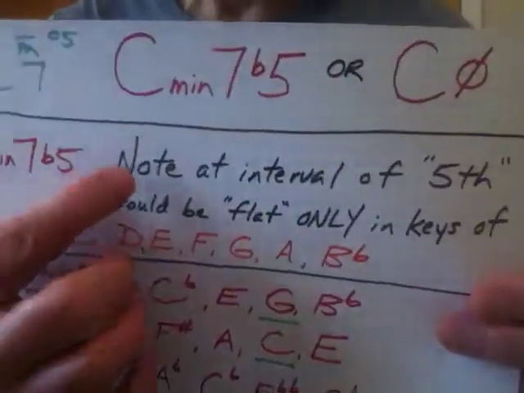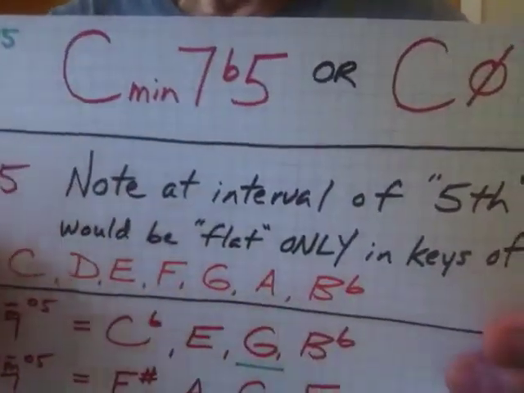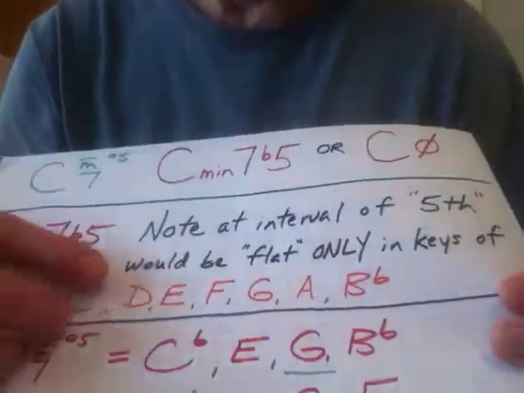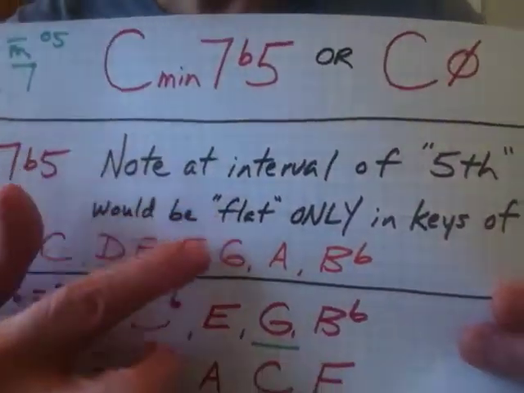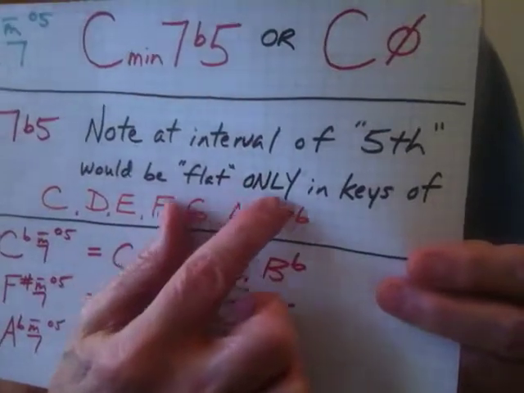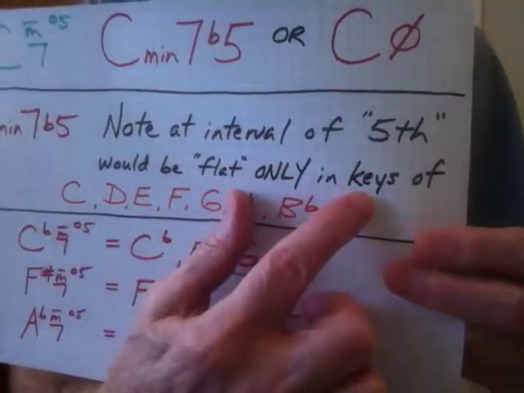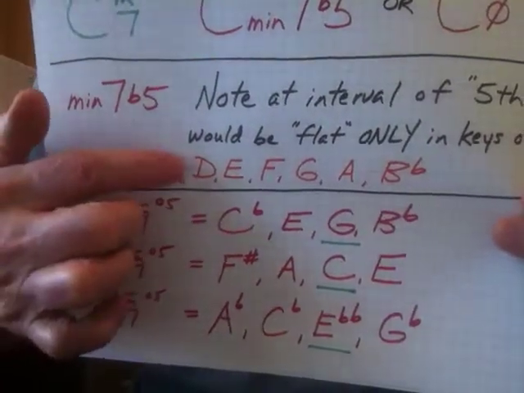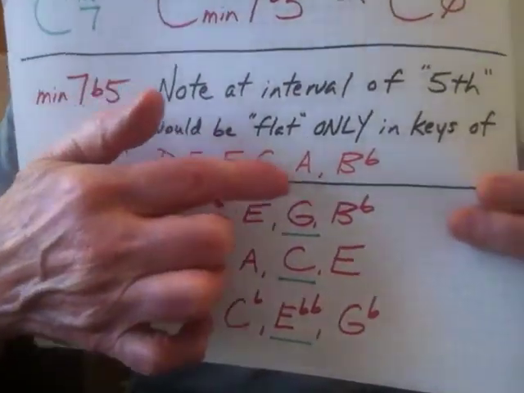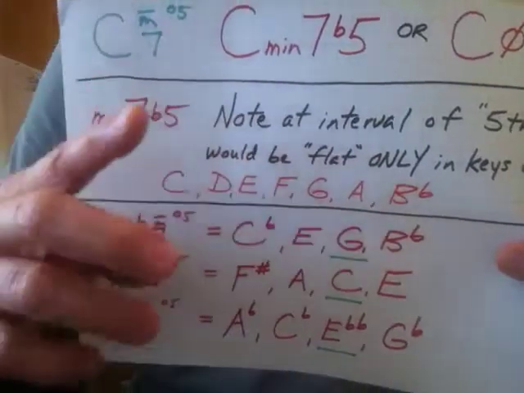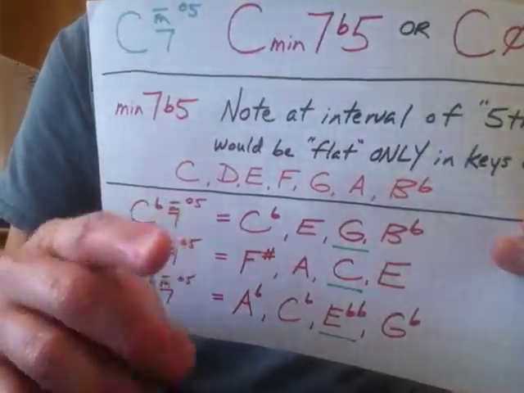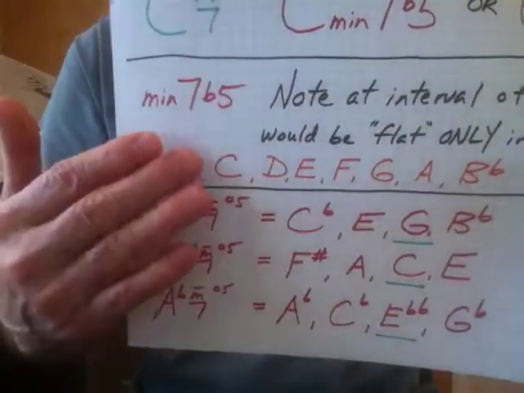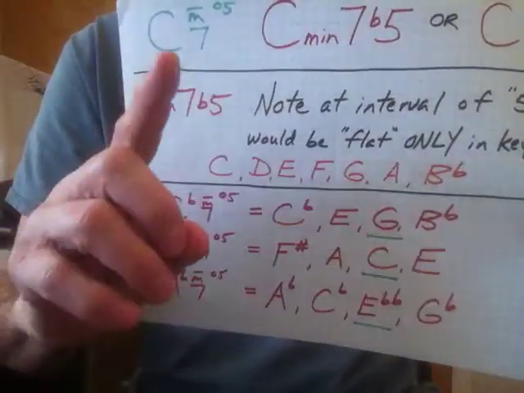The note at the interval of a fifth would be flat only in these keys. Only in the keys of C, D, E, F, G, A, and B flat would that fifth note on paper have a flat sign with it. In none of the other keys will it work.